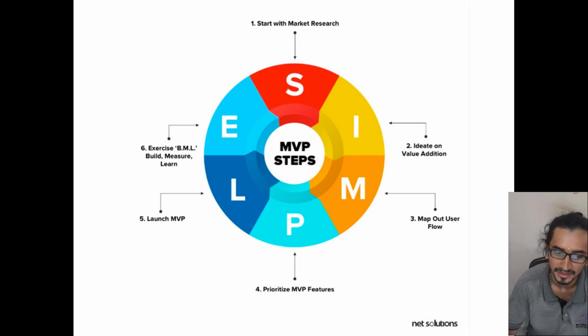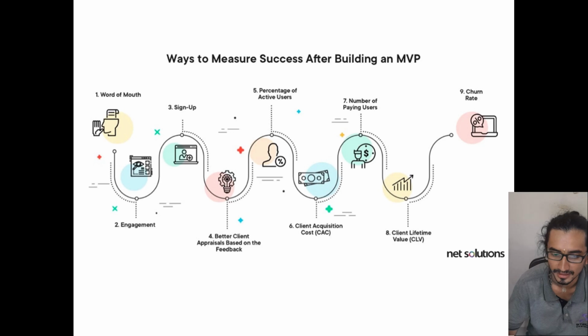Once you build an MVP, what are the ways to track or validate it? One of the things is word of mouth. When you take it to the user, if the user starts using it right away, and you observe that he is easily understanding the features and the utility, you need not hard sell the product.